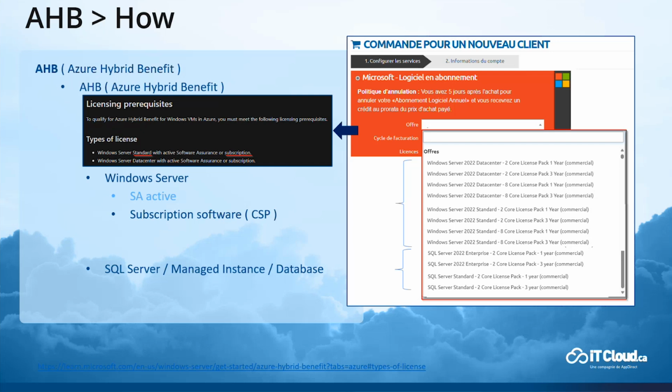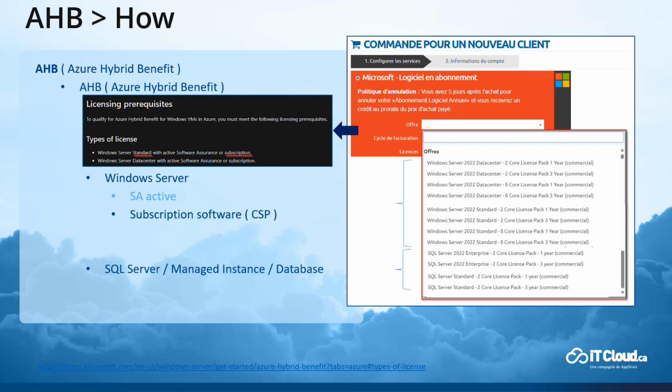I will give you a simple little tip. Under Azure, we talk about rental: only monthly payment, annual payment, or 3 years payment. In other words, the perpetual world does not exist on Azure.